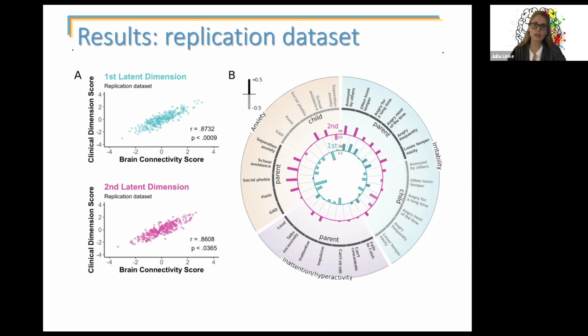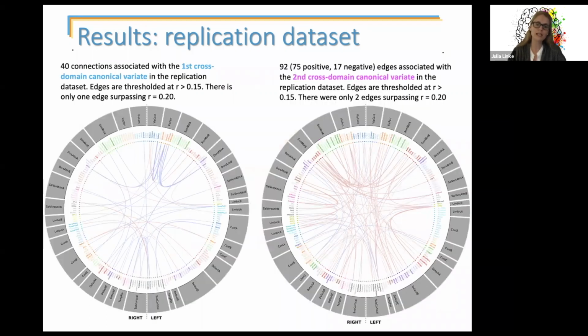With regard to the imaging data, relative to the discovery data set, the patterns were more sparse. However, overall, again, we see many relatively big interhemispheric connections, as well as connections spanning networks within each hemisphere.